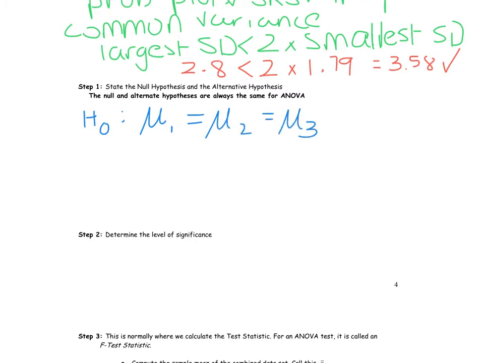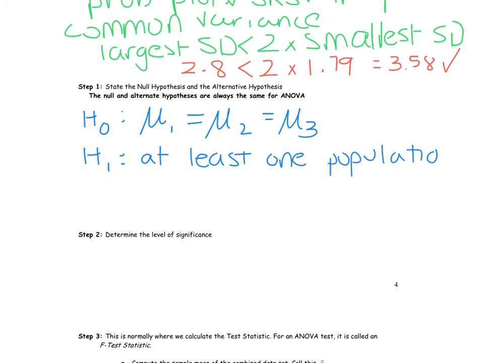And remember, the mistake is to say not equal and not equal for the alternative. But it's just that at least one population mean number of plants is different.